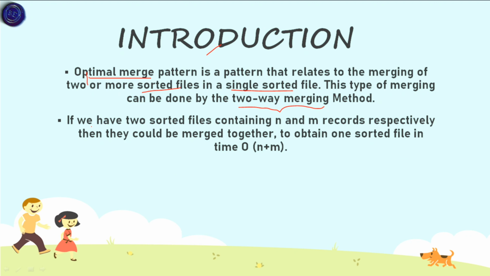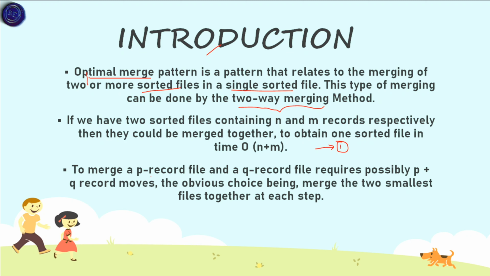If we have two sorted files containing N and M records respectively, then they can be merged together to obtain one sorted file in time of order N plus M. So to combine those two files whose sizes are N and M, we need a time complexity of order N plus M. To merge a P record file and a Q record file requires possibly P plus Q record moves.